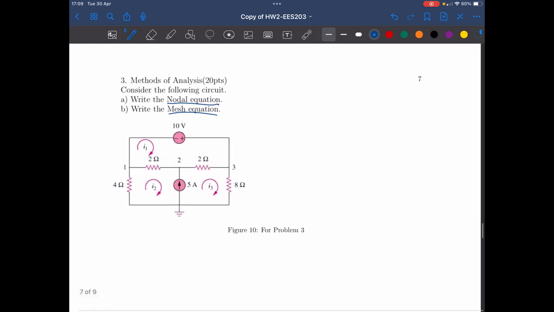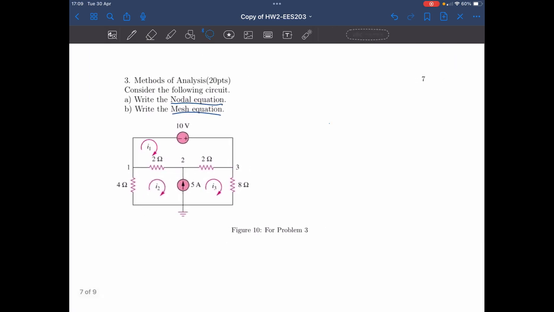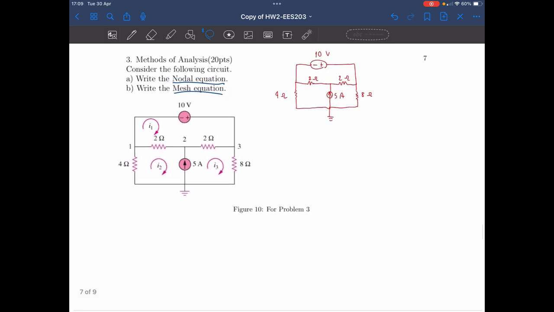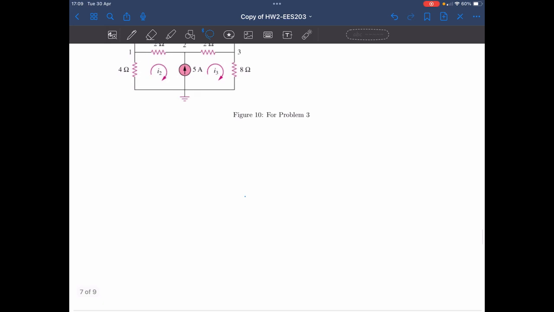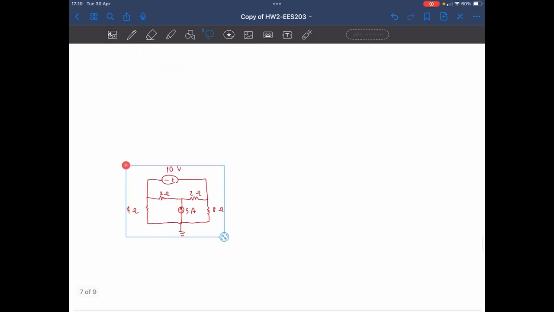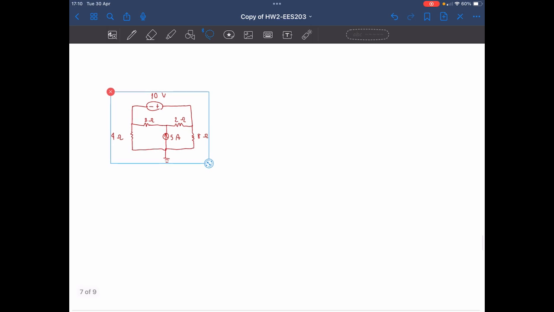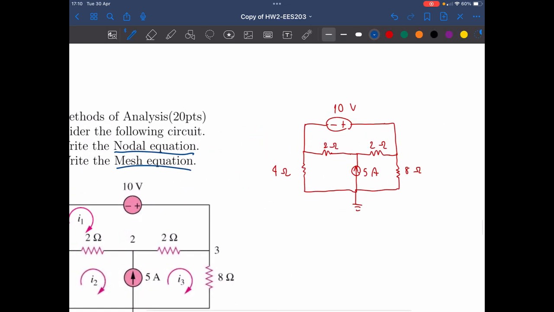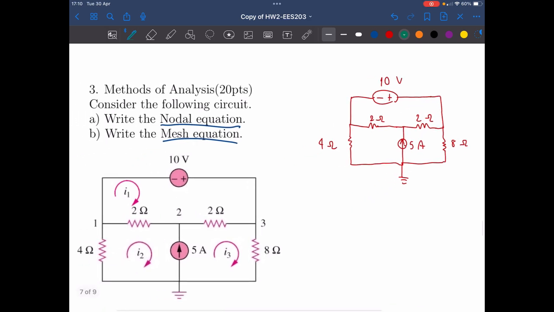So let's start by duplicating the circuit, one that is going to be used for the nodal analysis and the one that is going to be used for mesh analysis.